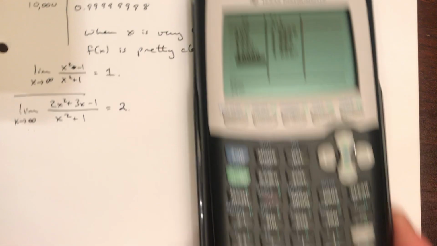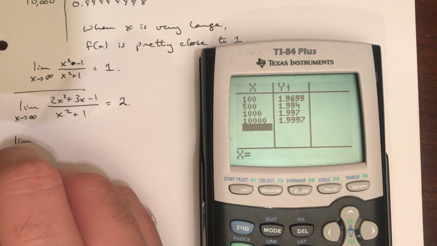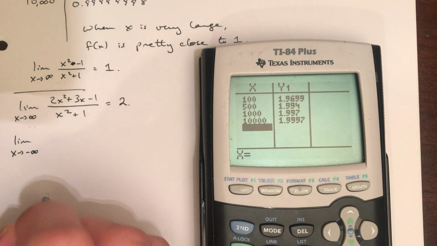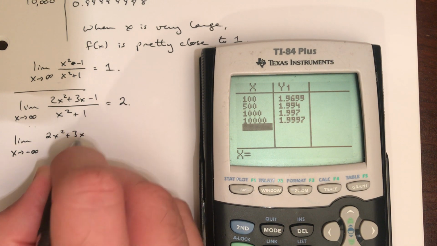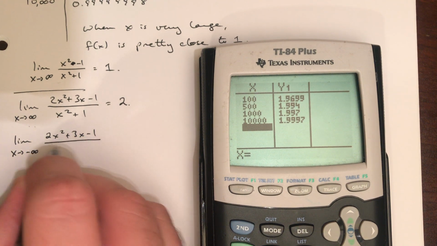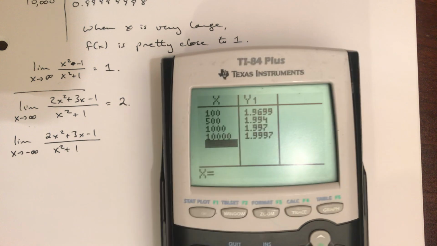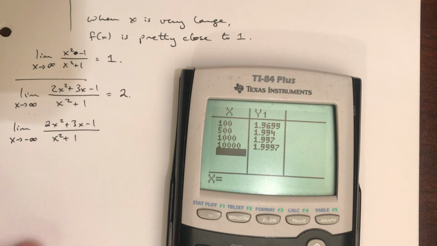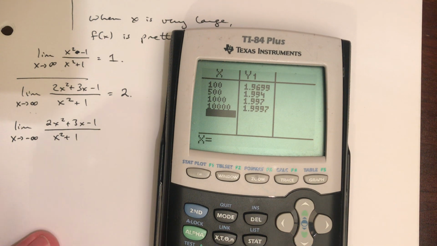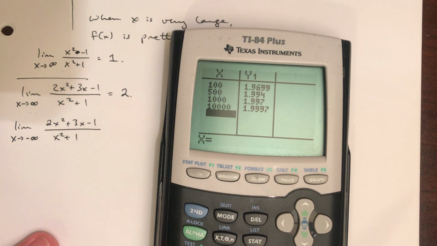However, we can talk about the limit as x goes to negative infinity of 2x squared plus 3x minus 1, this time over x squared plus 1. We use the same function that we had just a minute ago, so we don't have to change anything in our calculator. We're just going to plug in numbers that are very large but negative instead.